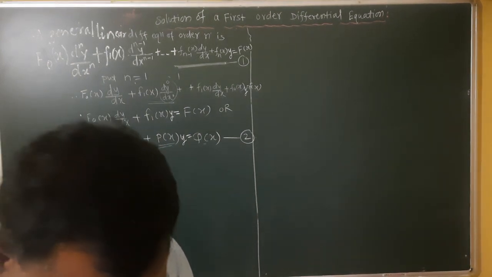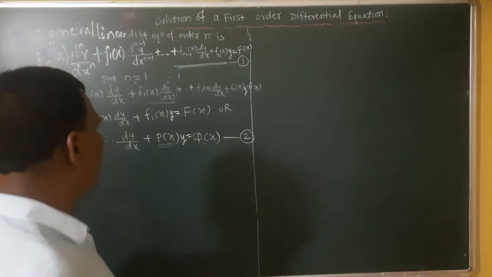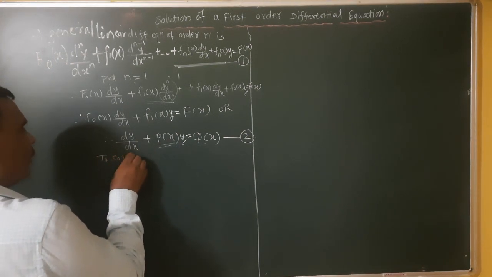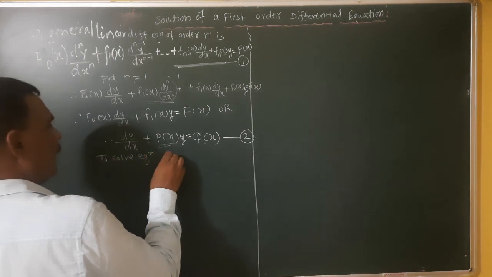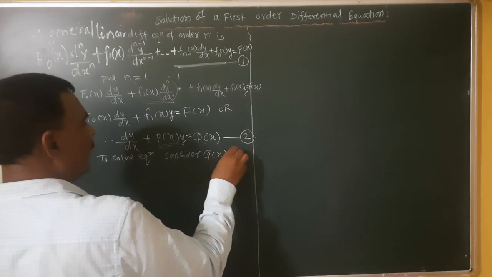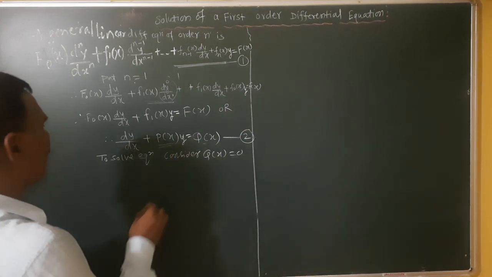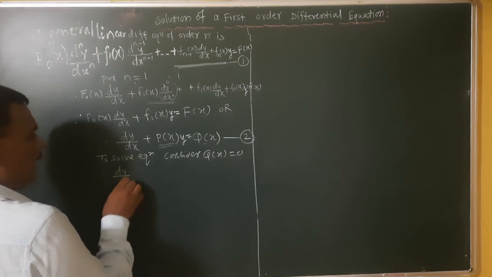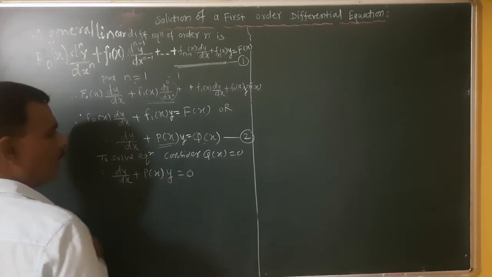How to solve equation 2? Let us consider a simple equation when q of x is equal to 0. When q of x is equal to 0, this is called a homogeneous equation. dy by dx plus p of x into y is equal to 0.